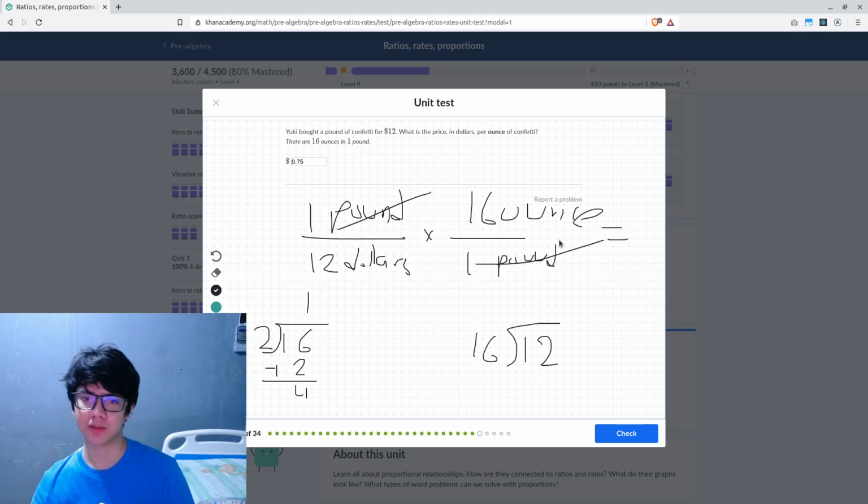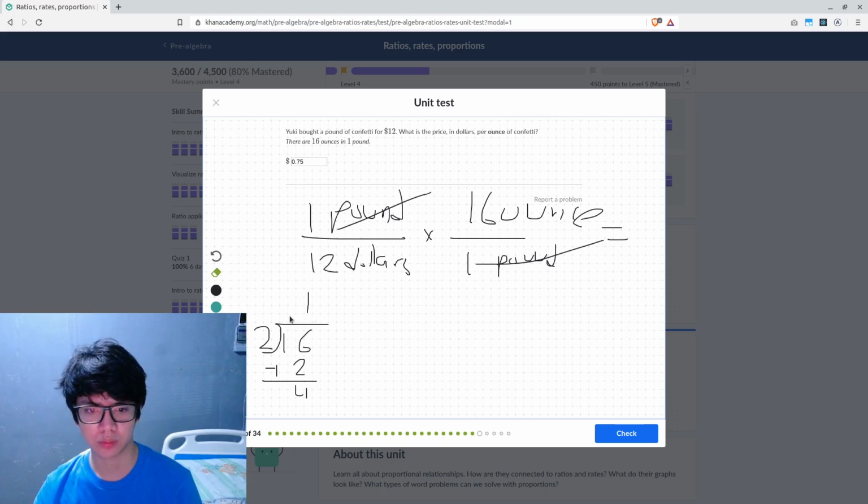Should be 12 divided by 16 though. Yo, what the heck?